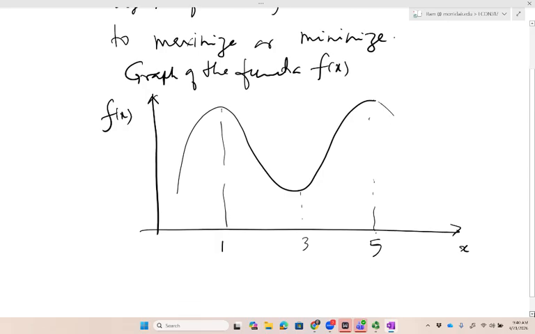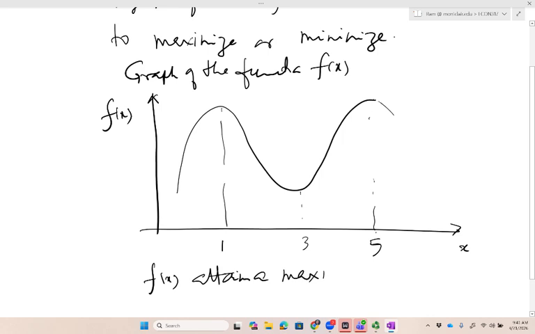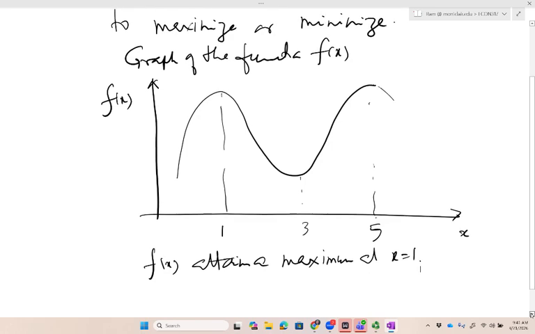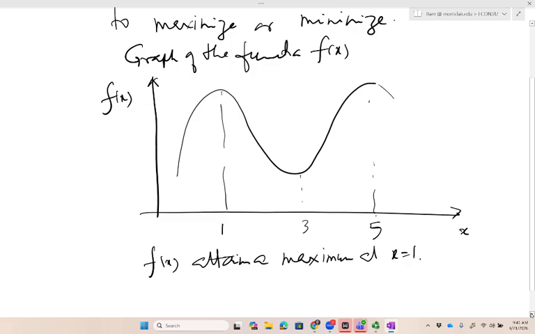So we see the function attains a maximum value at x equal to 1. So f of x attains a maximum at x equal to 1. And when I say it attains a maximum at x equal to 1, I could make it more precise, because I also see that the function attains again a maximum value, maybe different from 1 at x equal to 1, but at x equal to 5.